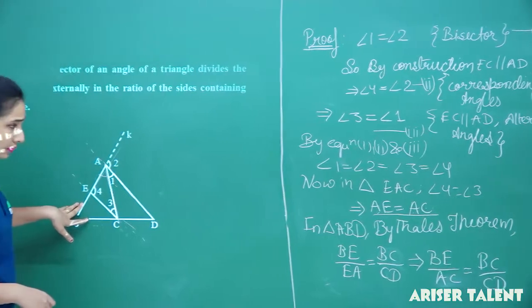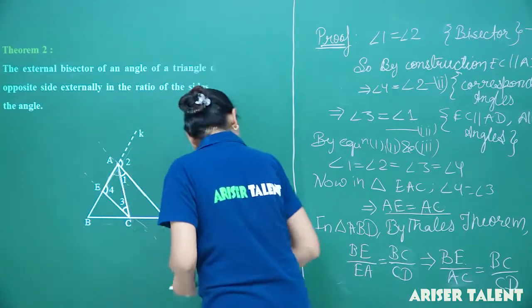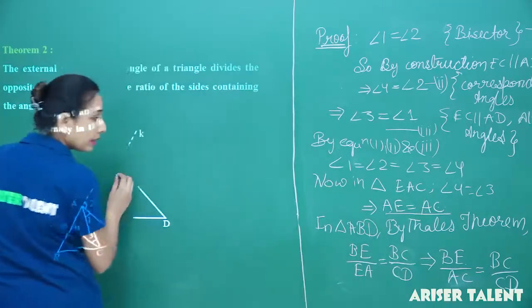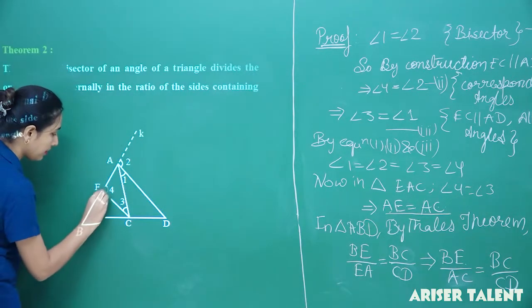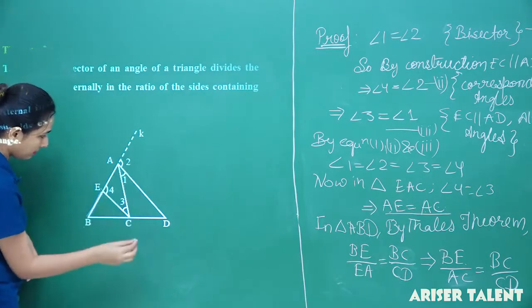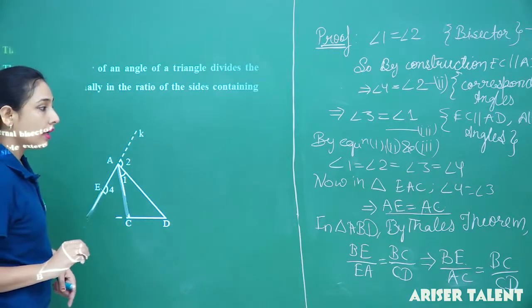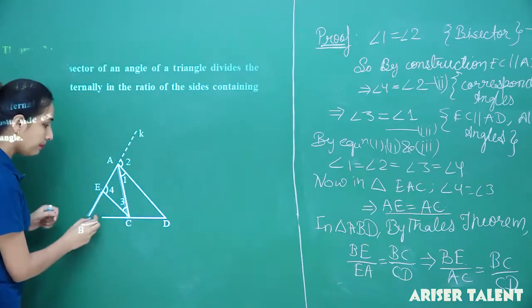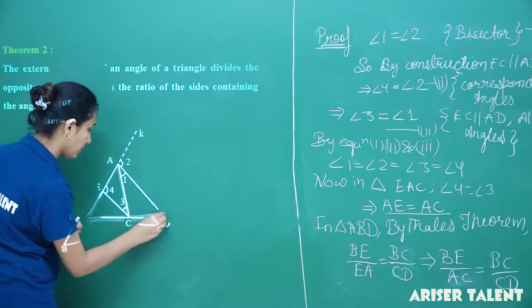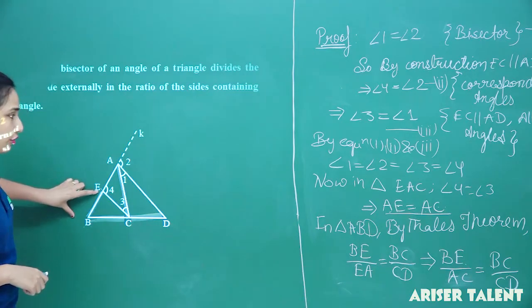Okay students, now you can see BE by AC is equal to BC by CD. Here's a mistake, that should be AB.